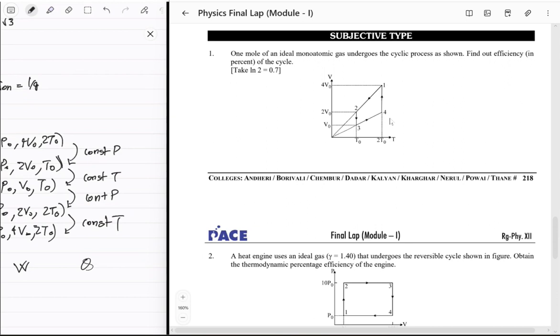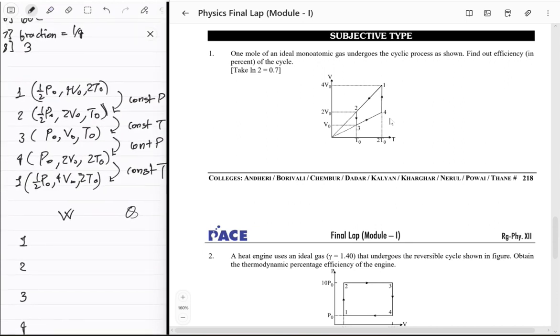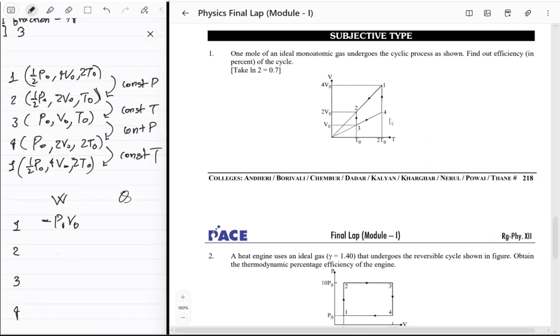Just P times delta V, and we want the work done by the gas. So from 4 V naught to 2 V naught it is negative, of course. So negative 2 V naught times half P naught, which is just negative P naught V naught. And for the second, we need 1 to 2.